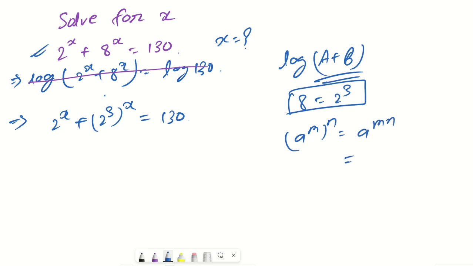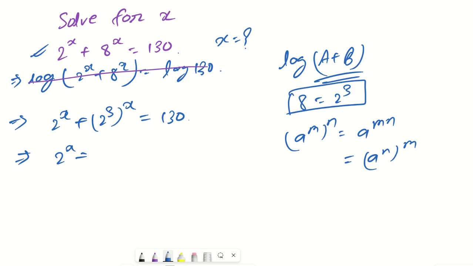It can also be written as a to the power n to the power m. Why? Because again, if you multiply, it will become a to the power mn, right? So this power can be swapped. So why do I want to do that? This 2 to the power x will become a common kind of thing. Okay.